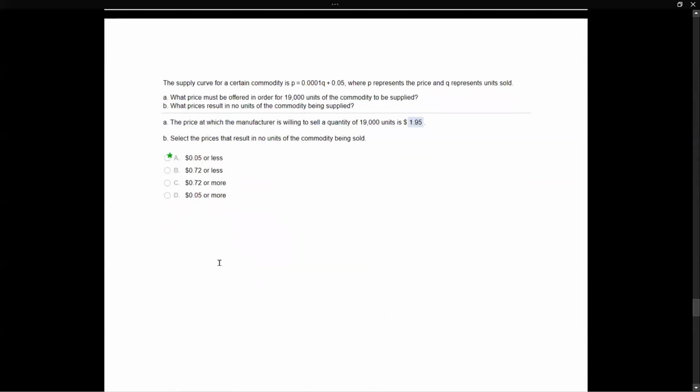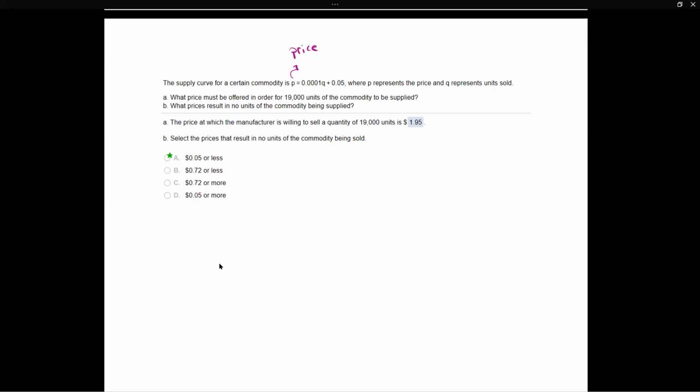The supply curve of a certain commodity is P, where P represents the price. So when you read these, you try to figure out what each thing is. Then you find out what's extra. Then you read the question, and there is a process for solving these.